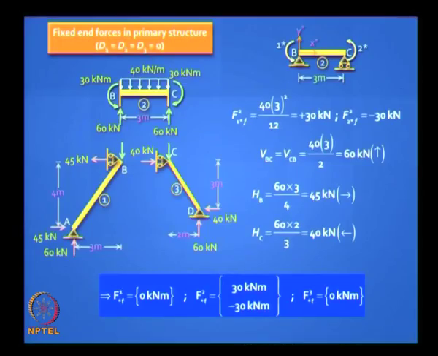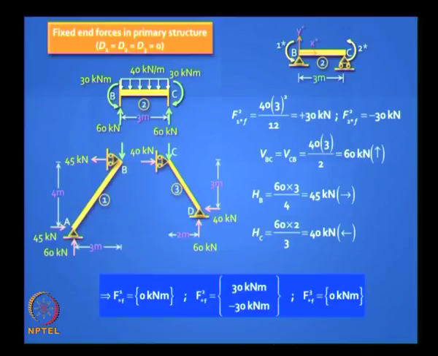Well, first of all, from this analysis you can find out that there are going to be no fixed end forces for elements 1 and 3. Why? Because there is no intermediate load. And for element 2, the fixed end moments are 30 kilonewton meter, minus 30 kilonewton meter, and there is no axial force. Okay.